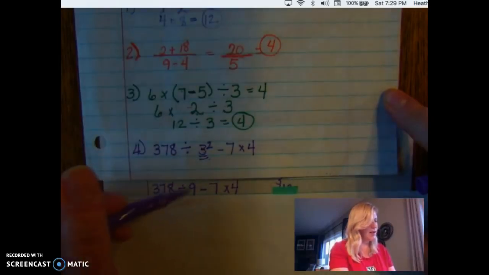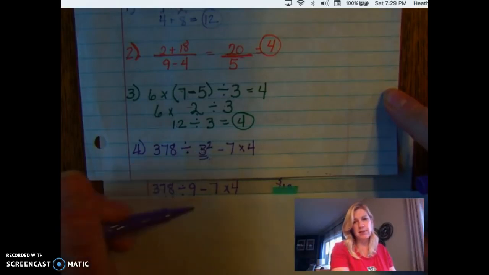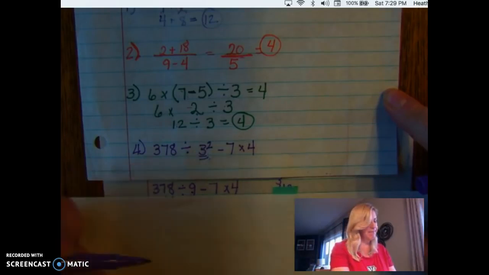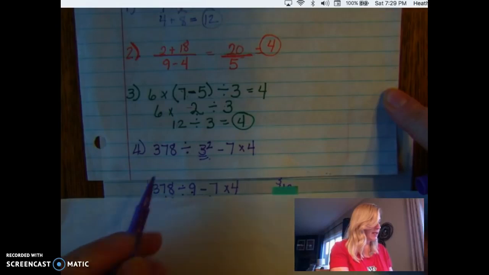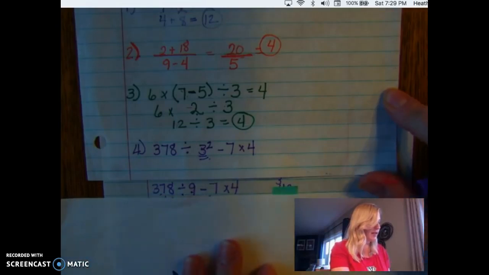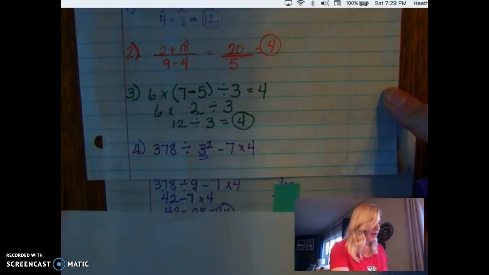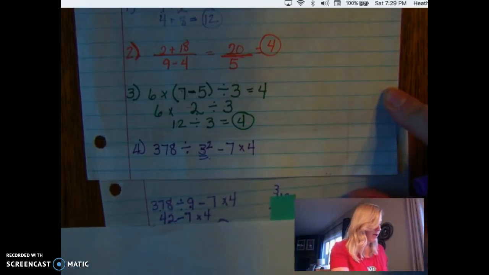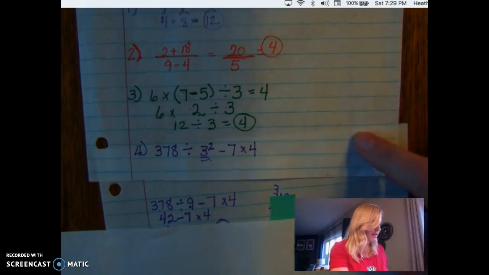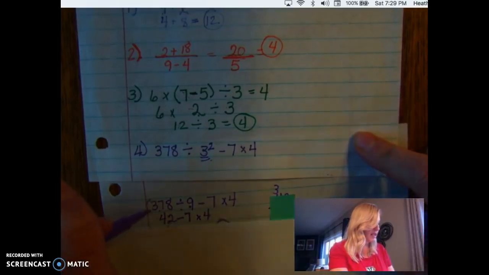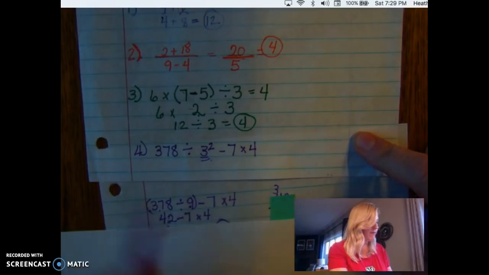So I did 3 squared, 3 times 3, which is 9. And so then I saw, left to right, 378 divided by 9 should be the next one that goes. And I got a 42 when I did the division of 378 divided by 9. I did that first, and then I kept the minus 7 times 4 there.